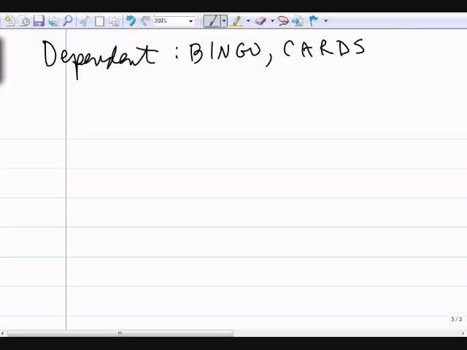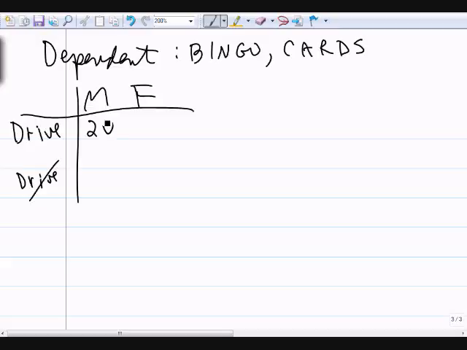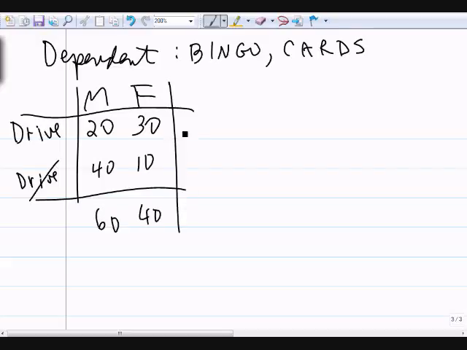Okay, all right. Here we'll do independent and we'll do dependent with a table. So I've got males and females, and ones that drive to school and ones that don't drive. I've got 20 and 30 and 40 and 10, for a total of 60, 40, 50, 50. 100 people. What's the probability that somebody I picked out here is male?